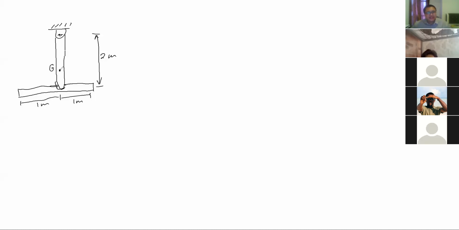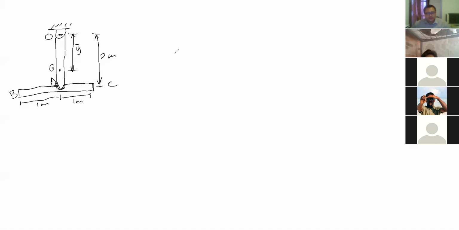And it is at a certain distance from point O. Now put that point here as B, and at this point here is C.